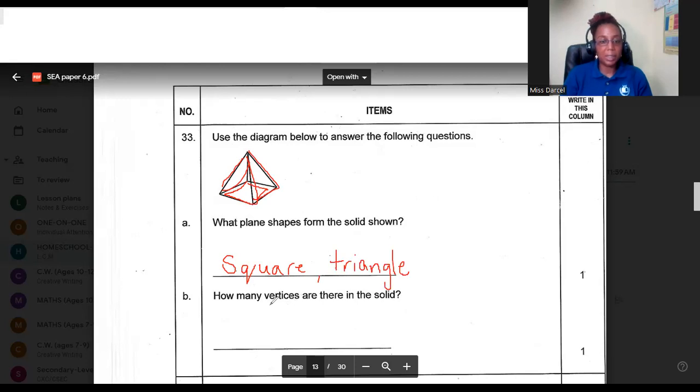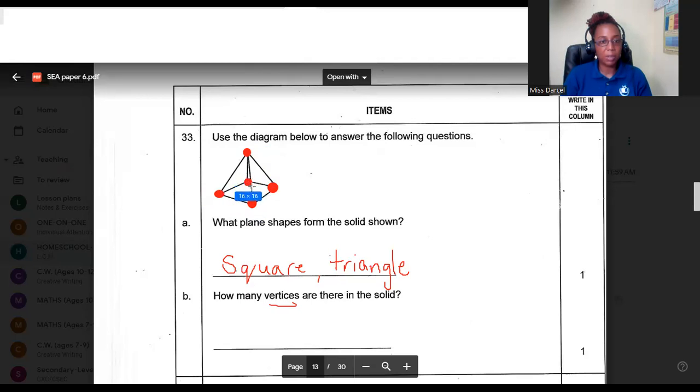How many vertices are in the solid? So vertices are the corners. Let me see if I can make like dots. So we have 1, 2, 3, 4.